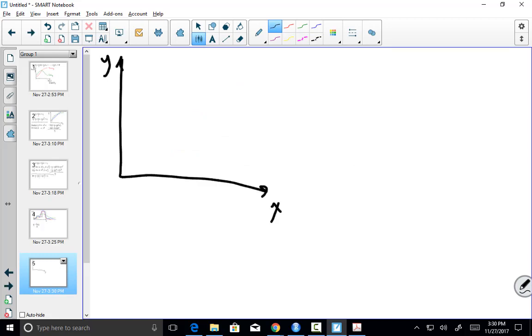I want to model the relationship between y and x, and I have a scatter plot that looks kind of like this. I could try fitting a linear model that would kind of go through the bulk of the points, but it wouldn't capture the curve. A local regression, essentially what it does is it breaks the x-axis into windows, little bins.